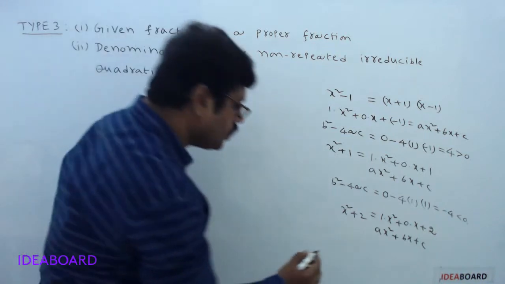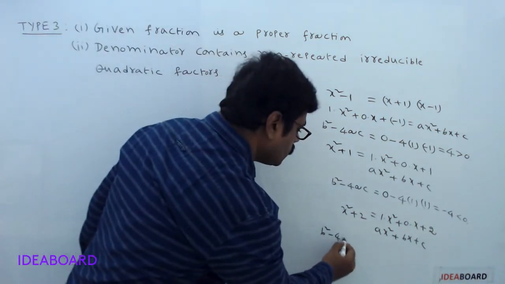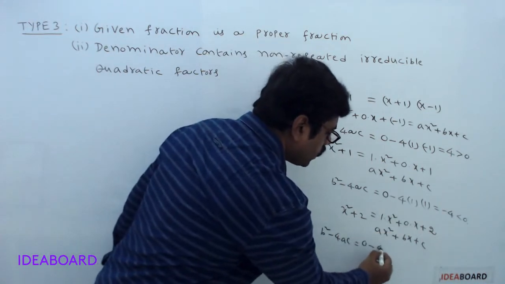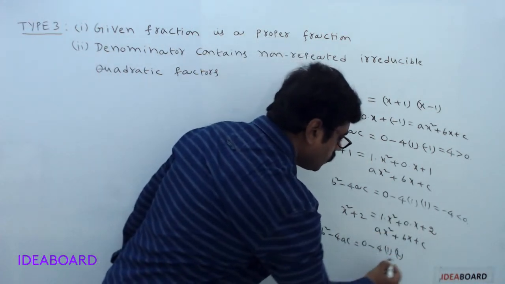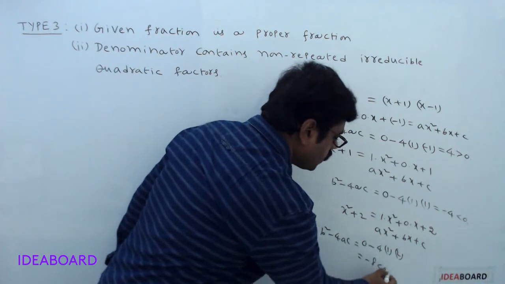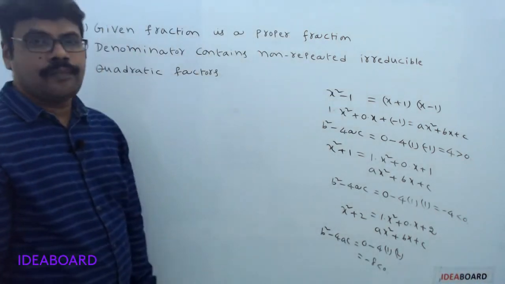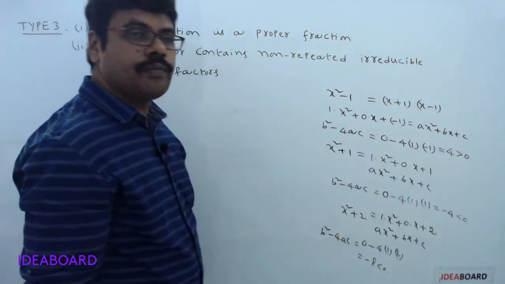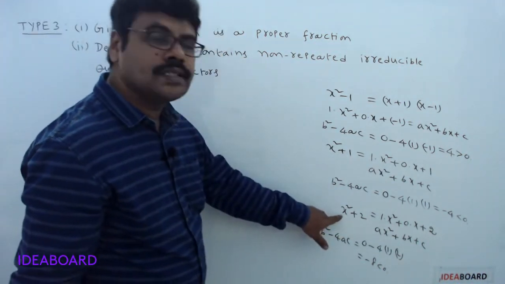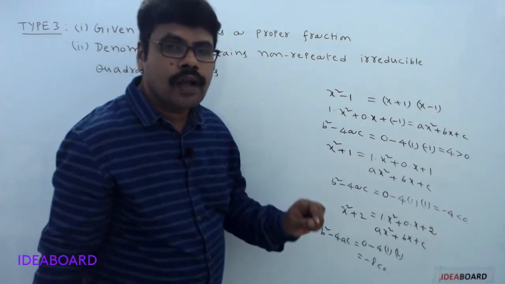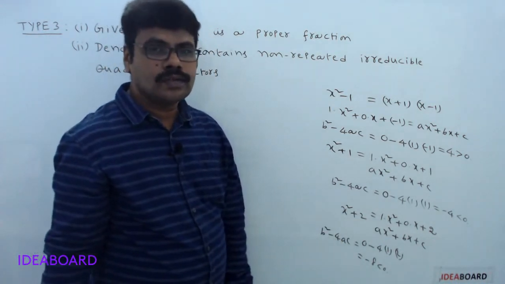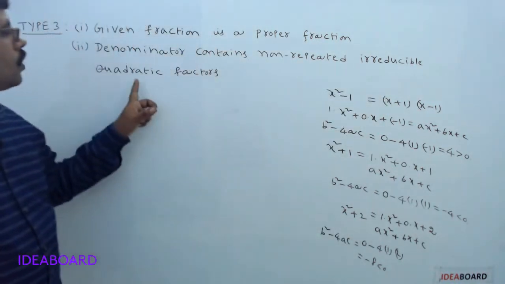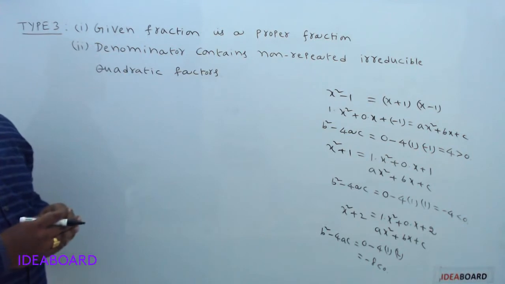Calculate the discriminant, b square minus 4ac. b square is 0, minus 4 into 1 into 2, it will be minus 8, less than 0. Discriminant value negative means we cannot express this expression as a product of two linear factors. So simply it is called an irreducible quadratic factor.